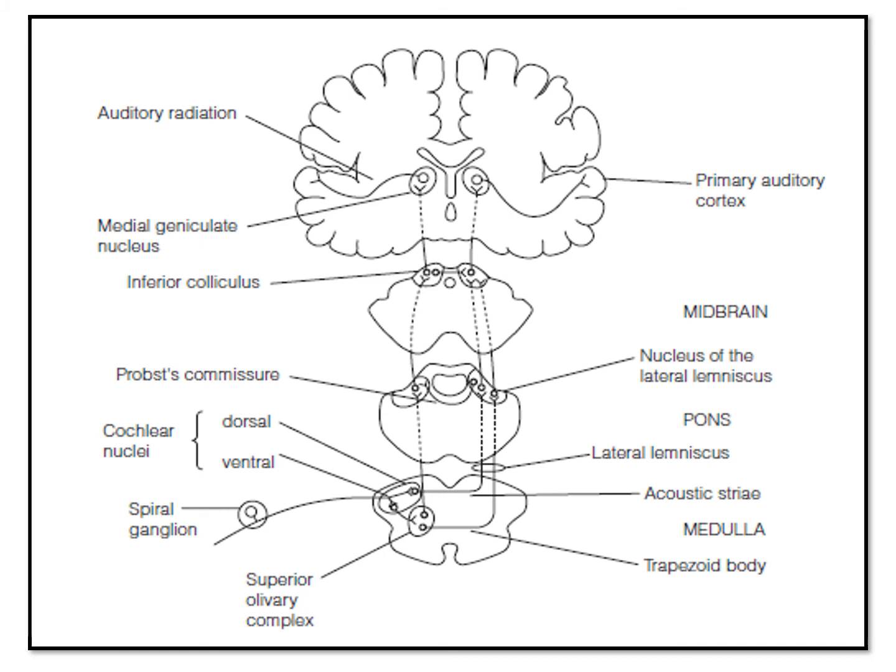There when you study BERA you will see waves and you will understand different waves are of different characters because they are coming from different sections of the auditory pathway.